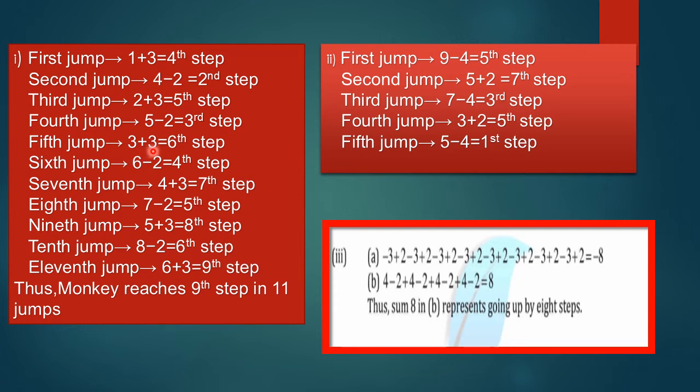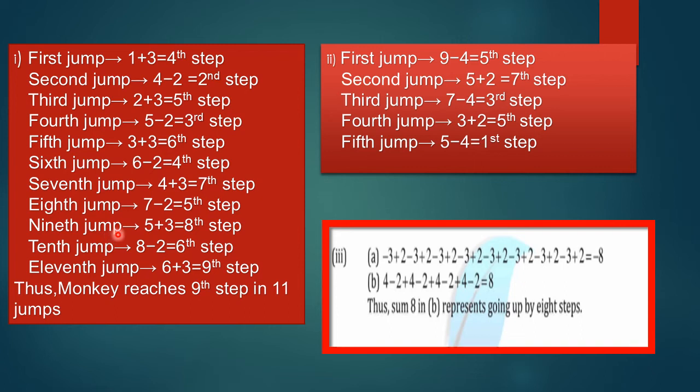That is 3 plus 3 equal to the sixth step. Then in the sixth jump, 6 minus 2 equal to the fourth step. So like that, in the seventh jump, 4 plus 3 equal to the 7th step. Eighth jump, comes back 2 steps, 7 minus 2 equal to the fifth step.